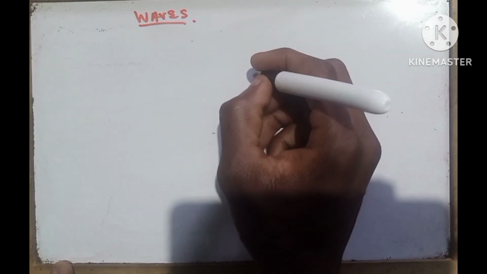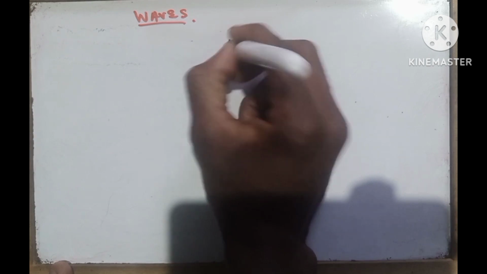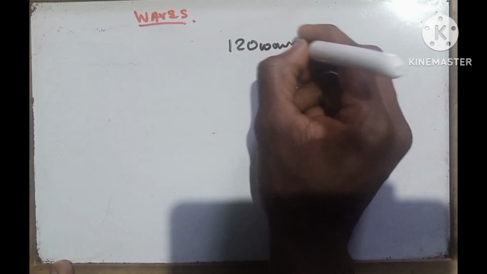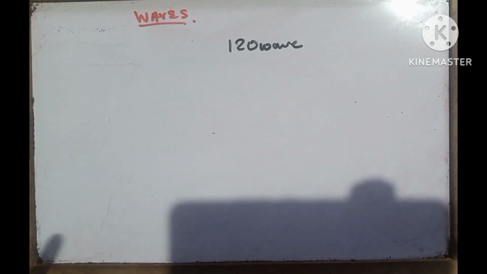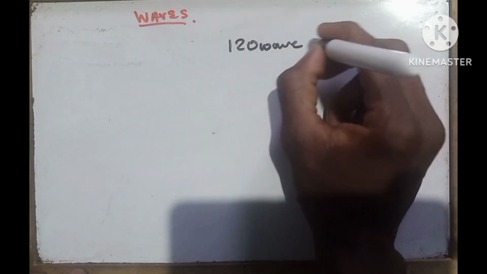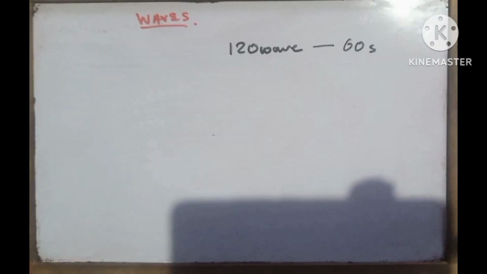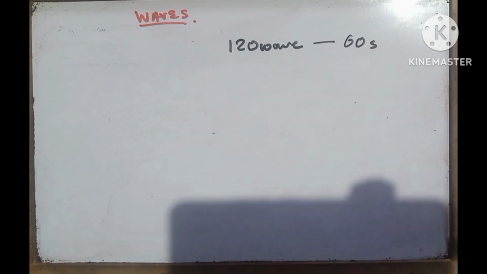And remember, frequency is the number of waves produced per second. We have been told that 120 waves are produced in a minute. A minute has 60 seconds. So we're not going to write a minute, but we're going to write 60 seconds.